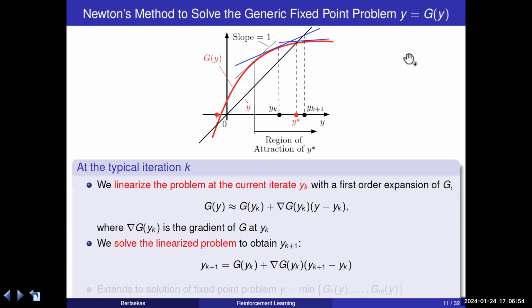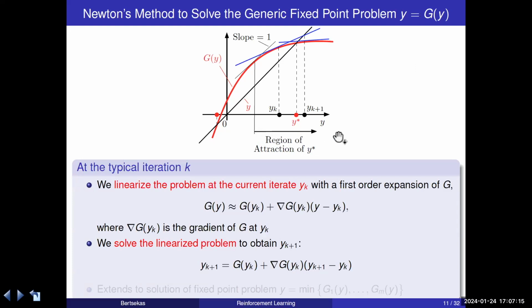On the other hand, if you start far away from y star, if you start right over here, you linearize and the slope here, suppose it's greater than 0, then the point of interception is away from y star, and you don't converge, you diverge rather from y star.